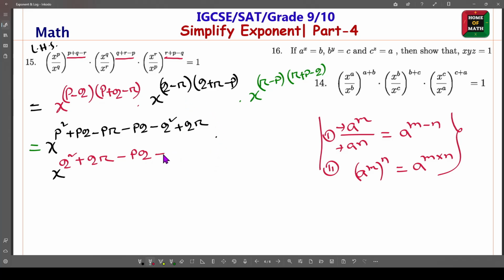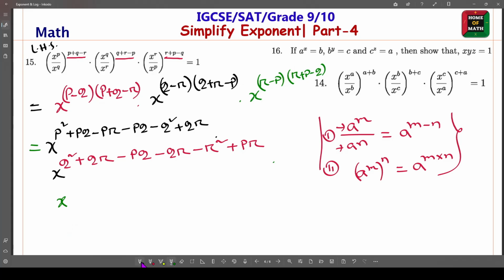Next, minus, this is minus, so it will be a change. So r and q, it means qr, then minus and plus, it will be minus r square, and then plus pr. Okay. And now third one, all bases are same, it means x.